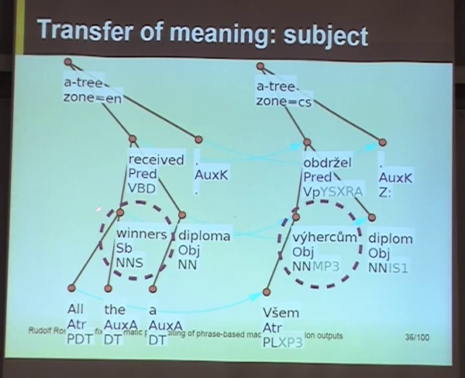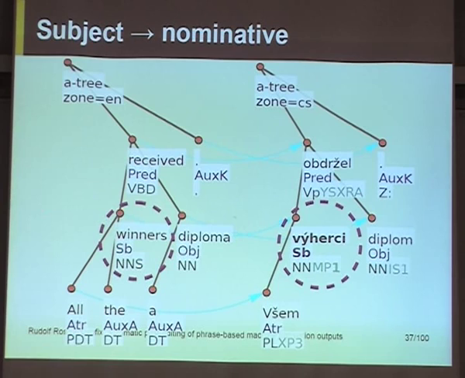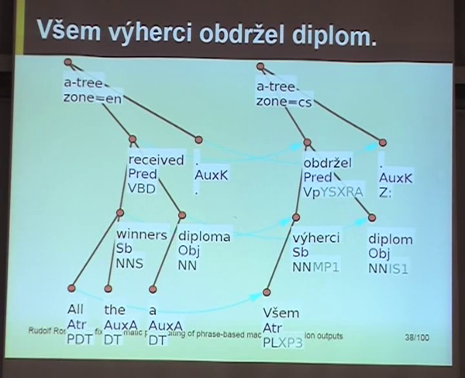And through the word alignment, we can guess that výhercům should be the subject in Czech, which at the moment is not, because the case is wrong. That's easy to fix. The subject in Czech should be a nominative, so we change the case. We change also the analytical function, and we can regenerate the word form using the morphological generator based on the lemma and the tag. So, it's a bit better now.